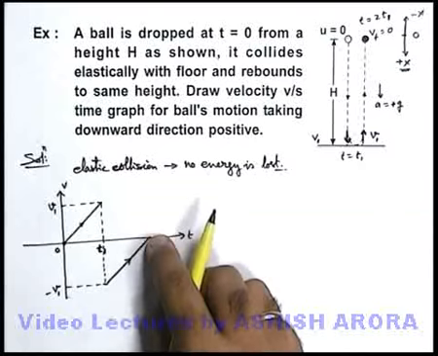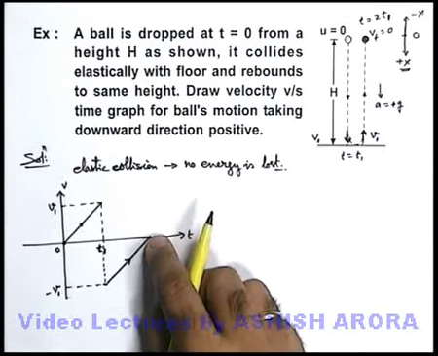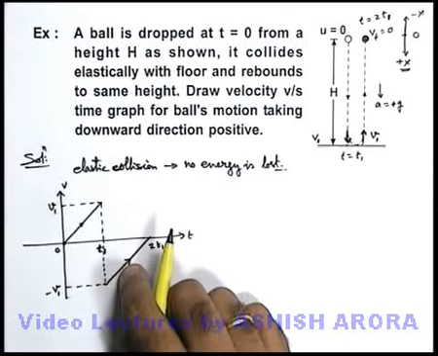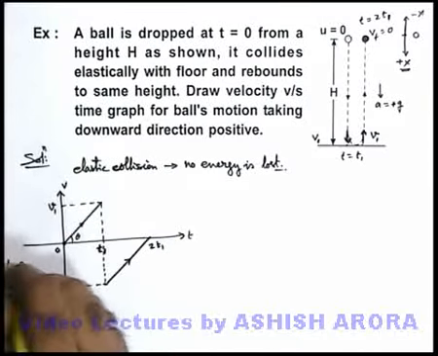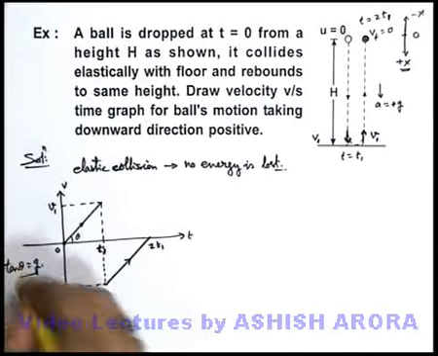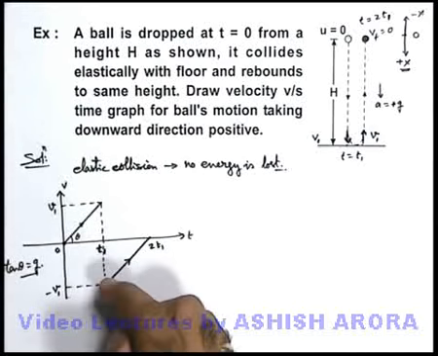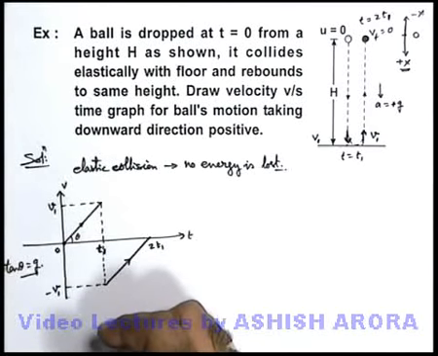The same straight line will carry on in the graph with the positive slope, and its tan theta we can simply write is equal to g, that is the acceleration. So this is the complete velocity time graph of the motion.